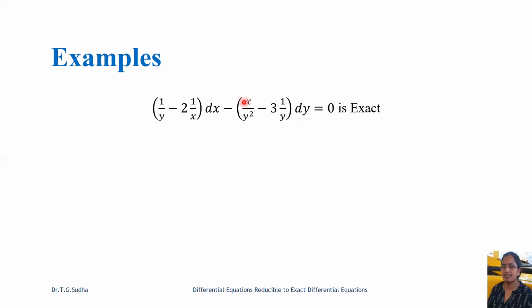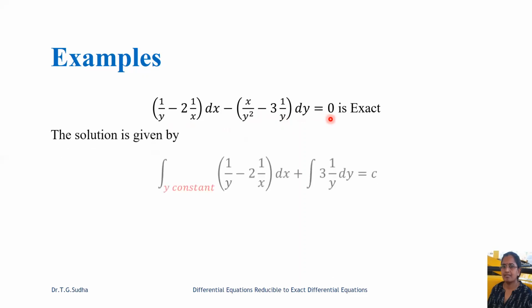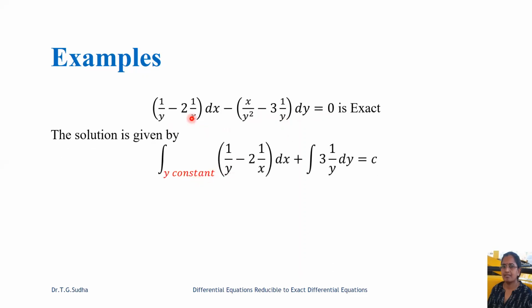So this term contains x, therefore we need to neglect this term and consider only minus of minus 3 into 1 by y, and that gives us 3 into 1 by y dy. So the solution now is given by the integral of (1 by y minus 2 into 1 by x) dx keeping y constant plus the integral of 3 into 1 by y dy equal to c, where c is the constant of integration.